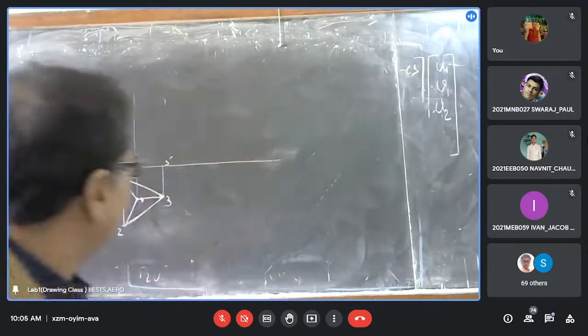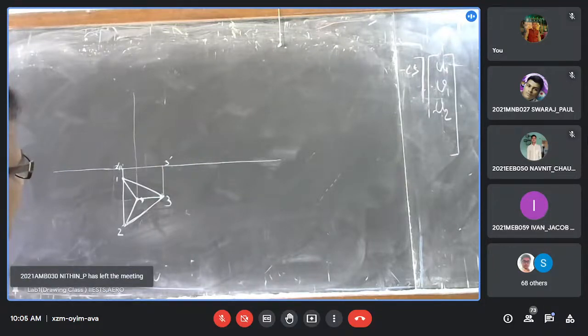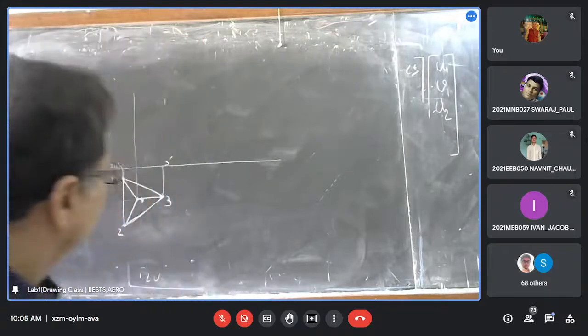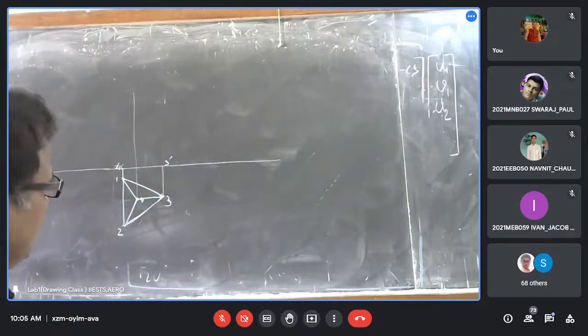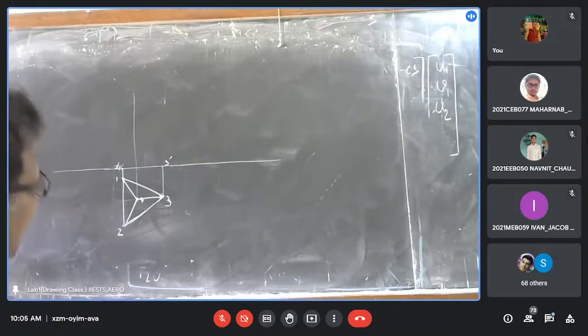So which line is parallel with the vertical plane? 1 to 2, 2 to 3, 3 to 1, or 3 to 4? The central line is also parallel, that's vertical. But which edges other than the central line will be parallel with the vertical plane?